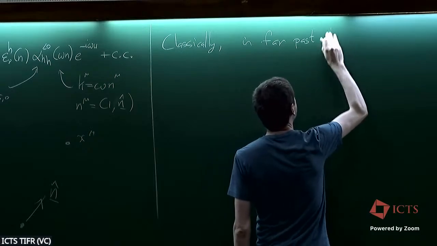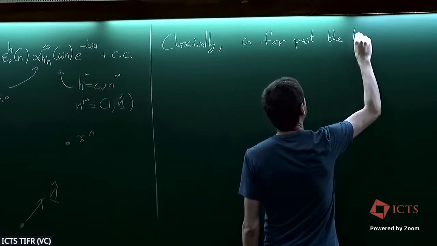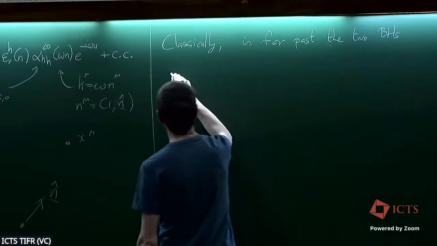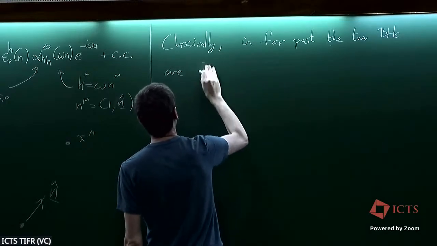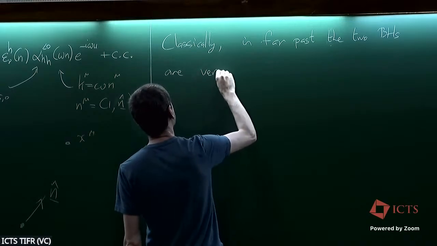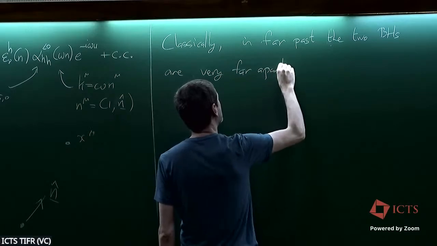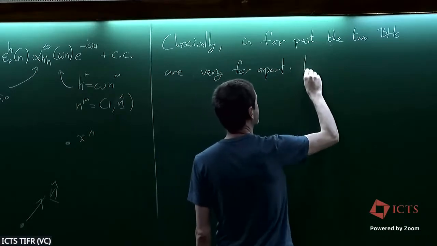The two objects we're scattering are very far apart, so we can use linearized GR.